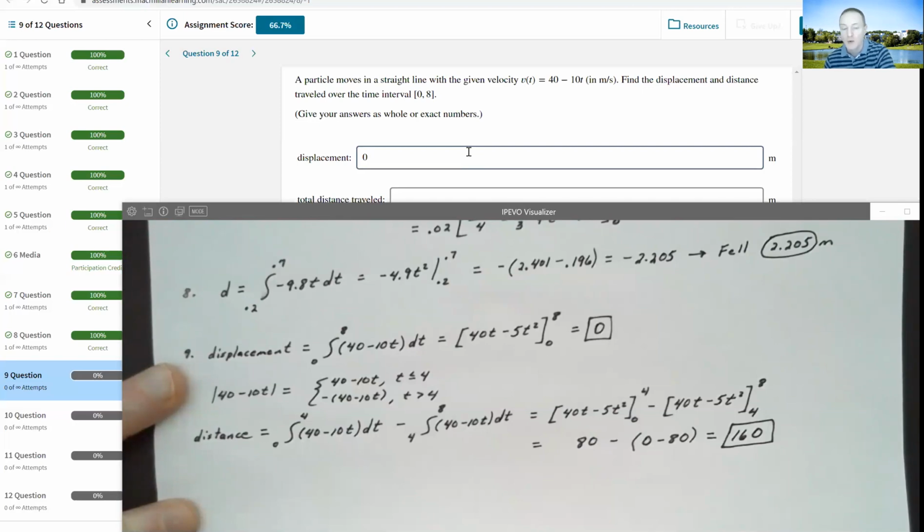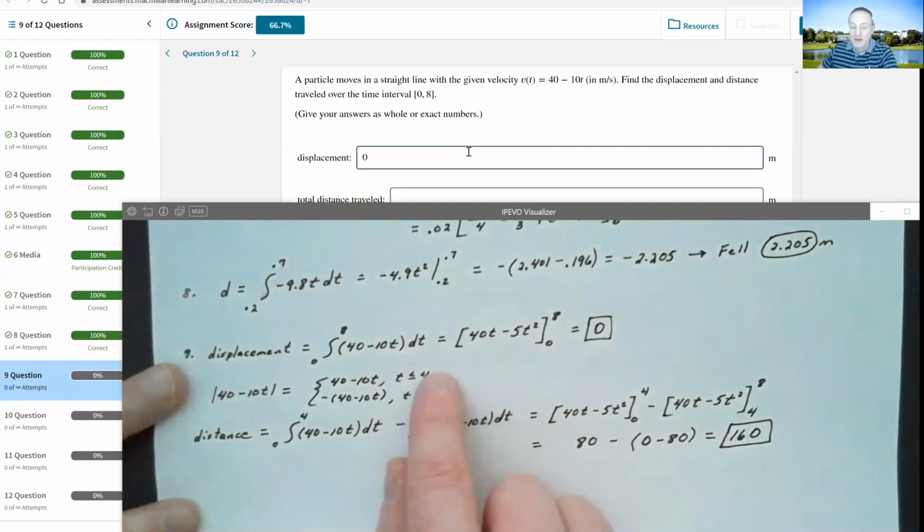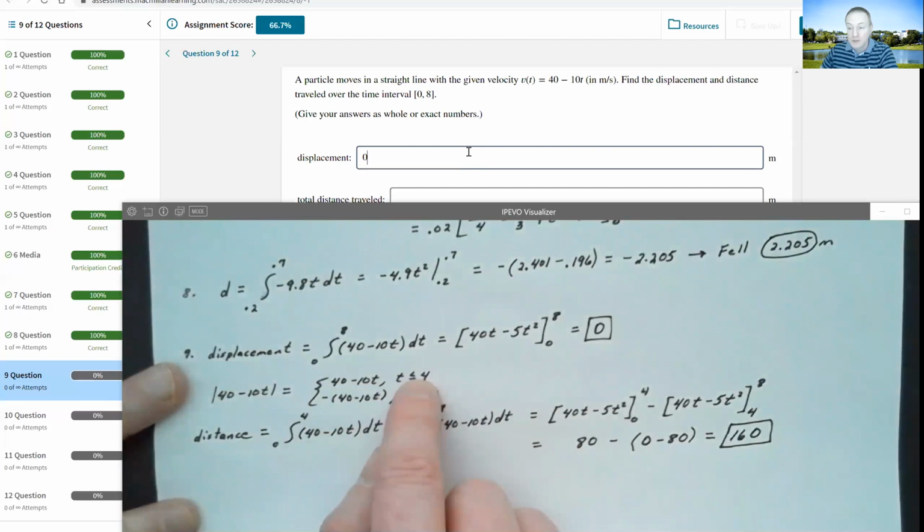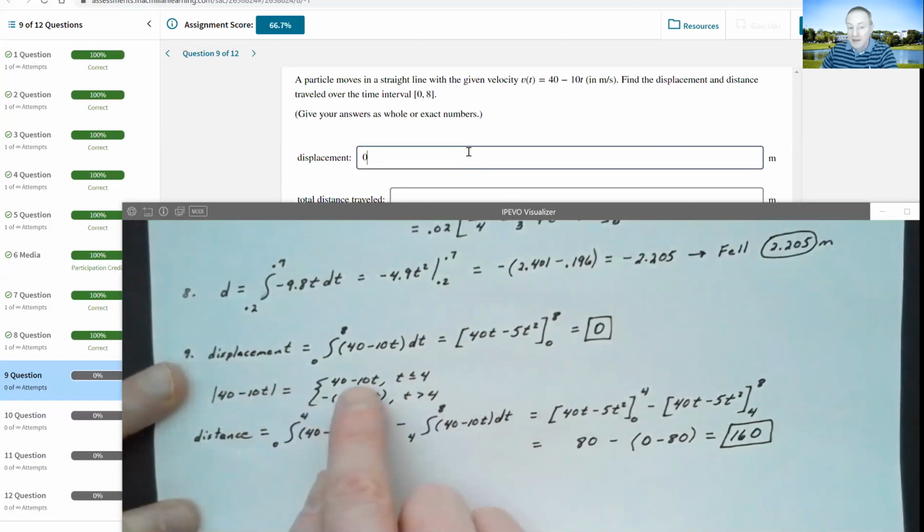All right. Well, then for any value that's less than or equal to 4, 40 minus 10t is going to be a positive number. Like if t is equal to 2, then your velocity is going to be positive 20. That absolute value doesn't do anything in that region. So for any value of t between 0 and 4, your function doesn't need the absolute value.